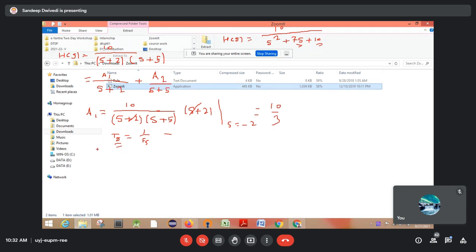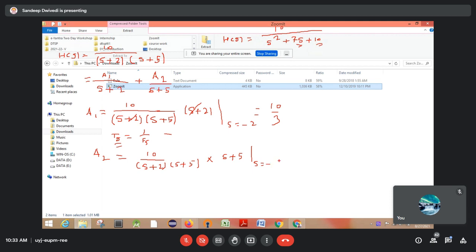In the same manner you can calculate a2 also. Again the same thing, and you need to replace s plus 5, where s is replaced by minus 5.